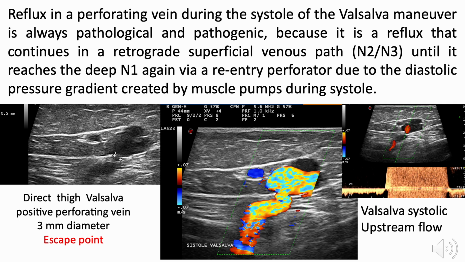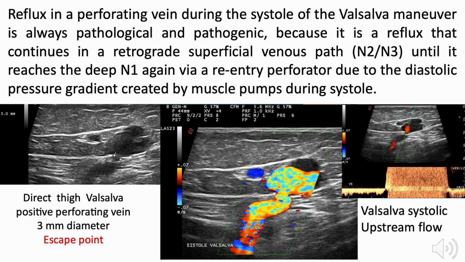The systolic reflux of a perforator during the Valsalva maneuver is always pathological and pathogenic because it translates a reflux that continues in an inverted direction into the superficial network.